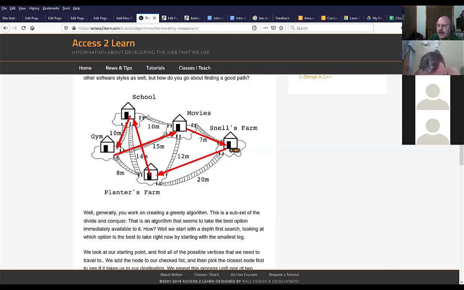Algorithmically, it's easy to describe. Programmatically, it's a little bit of a challenge because you have to keep track of what nodes you have visited, what's the best route, and am I allowed to go through a node twice? Because maybe that's the best way. Maybe it's the only way. If I start off with something where I can go three ways one way, but I've got to go down this little trail that doesn't allow me to backtrack.